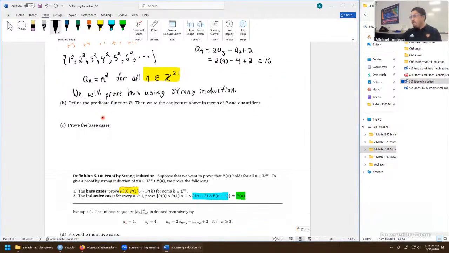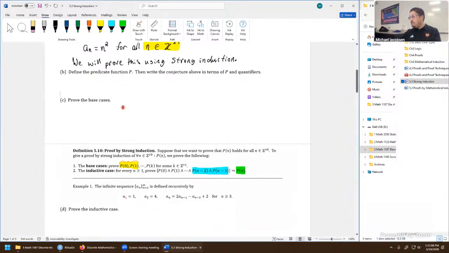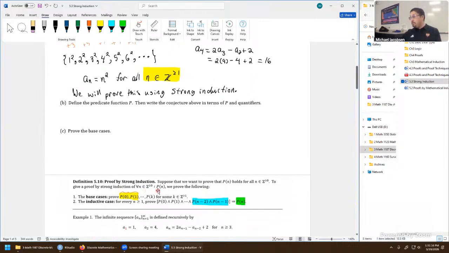Next thing we're going to do is define the predicate. Mainly, the whole reason for defining the predicate function is to fit it inside the structure so we can really understand what the author is trying to convey with all this notation. He refers to P, that's the predicate function, so we'll define it. Let's just say briefly, define P of n. We know it's going to have a domain, integers greater than or equal to 1, a codomain, true, false.